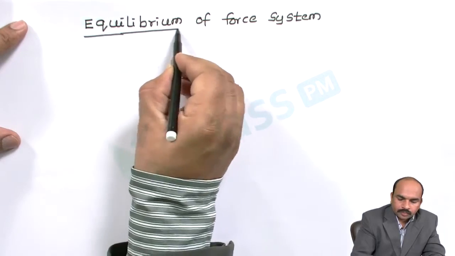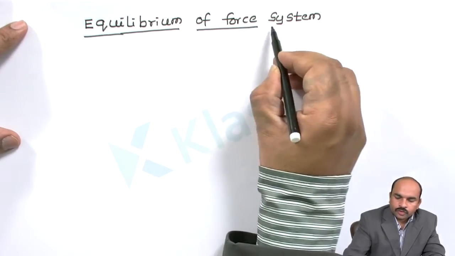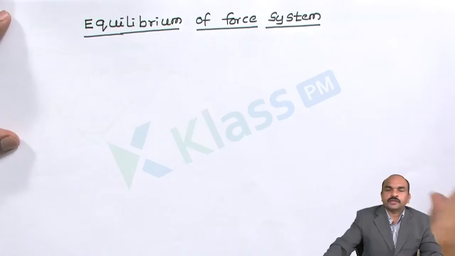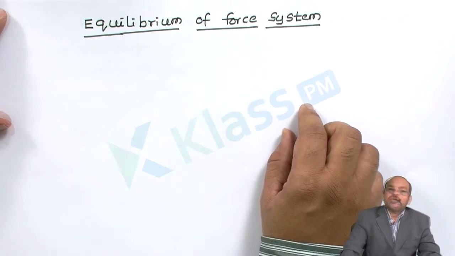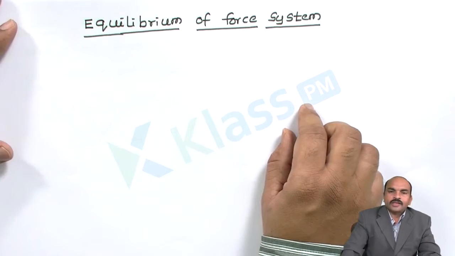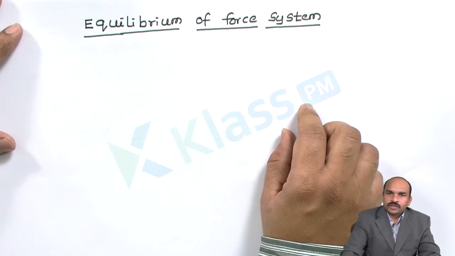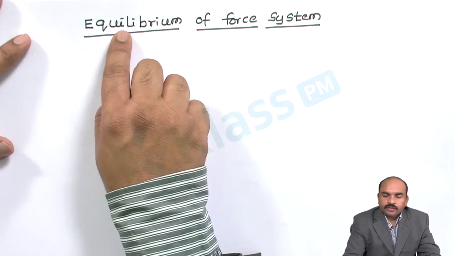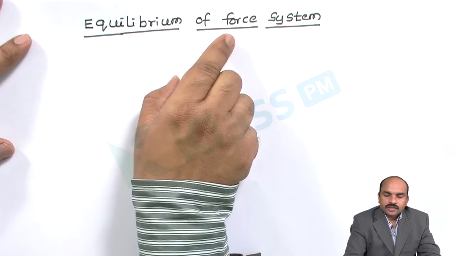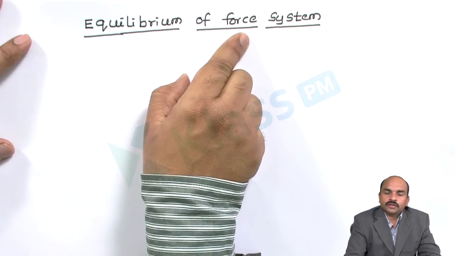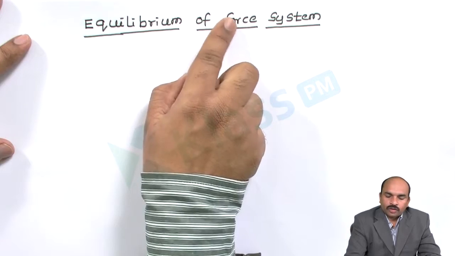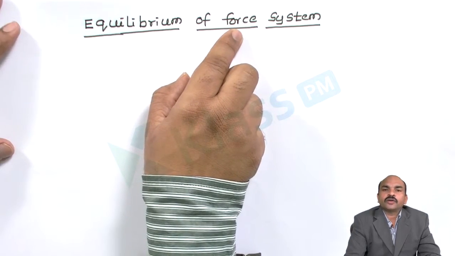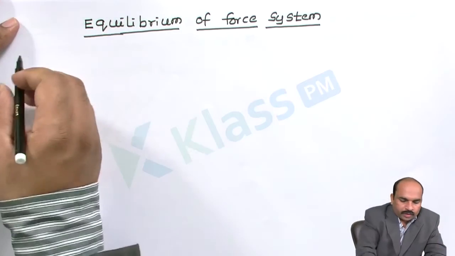Equilibrium means it is a condition where the sum of all the forces, or the resultant of all the forces, will be equal to zero. So I'll write that.